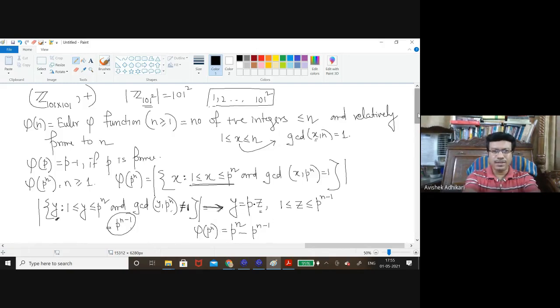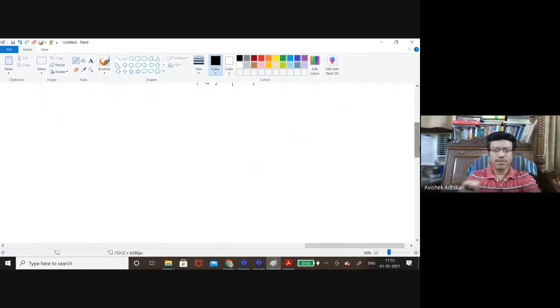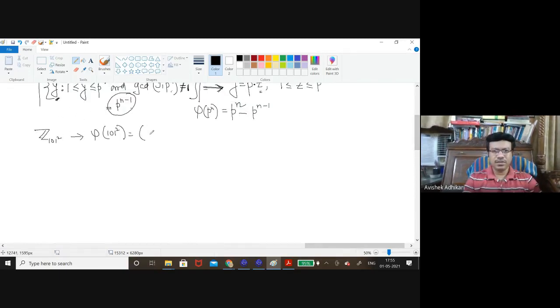Now you can very easily calculate how many generators of Z 101 squared there are. It is equivalent to finding phi of 101 squared. By the formula we have just seen, that is 101 squared minus 101, which is 101 times (101 minus 1), and that becomes 101 times 100, which is 10100.